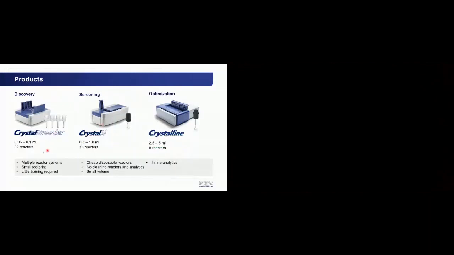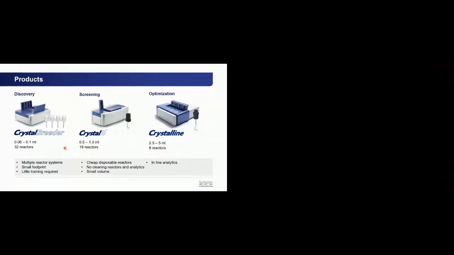So of the 3 products, we have the crystal breeder, which is 32 reactors, and the largest you can go up to is 0.1 milliliter, so we're talking very small scale. The Crystal 16, which is 0.5 to 1 milliliter reactors, with 16 reactors. And then the crystalline, which is 2.5 milliliters to 5 milliliters with 8 reactors.